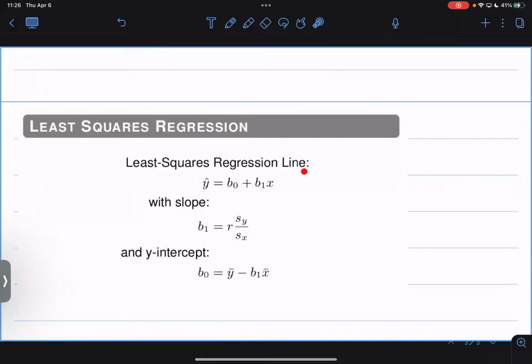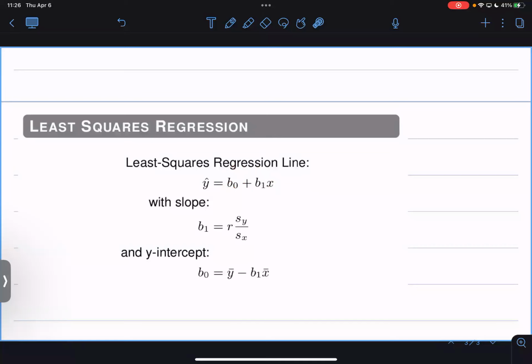We're going to be building a least squares regression line, and it looks like the general form of a line, right? Y equals mx plus b is usually what we're taught in high school. It could be ax plus b or a plus bx, any of those combinations. But as soon as you have x and some value on its own, then it's going to be a straight line.